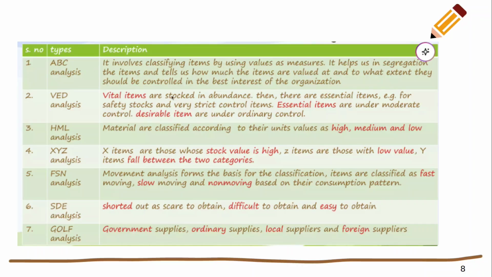So we can see the description here of each technique. First one is ABC analysis. It involves classifying items by using values as measures. As per the value or measures you have to classify. It helps us in segregating the items and tells us how much the items are valued at, to what extent they should be controlled in the best interest of the organization.